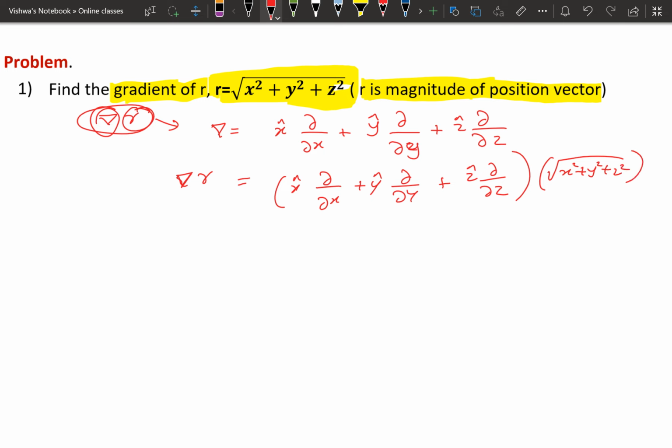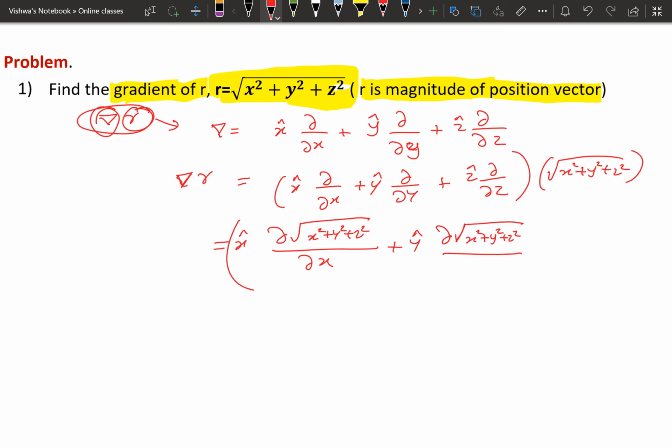So on operating, it becomes x cap dou of square root of x square plus y square plus z square divided by dou x. Similarly, y cap dou square root of x square plus y square plus z square divided by dou y, plus z cap dou by dou z of square root of x square plus y square plus z square.